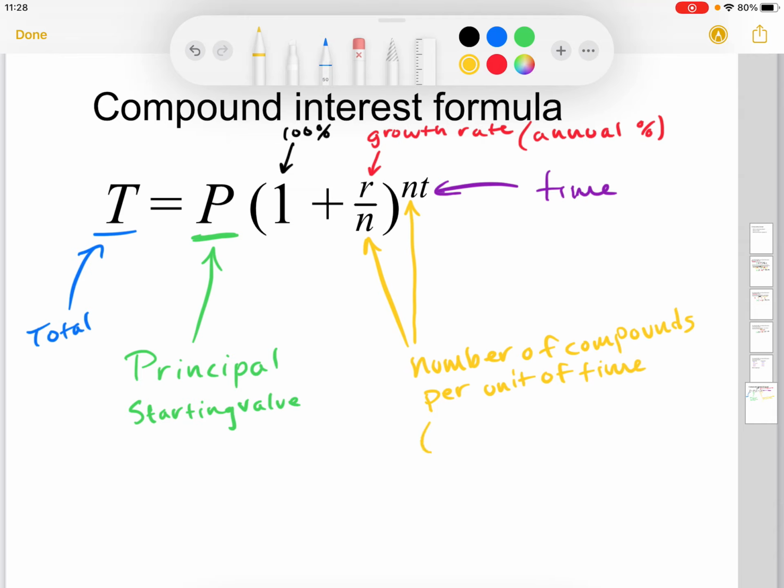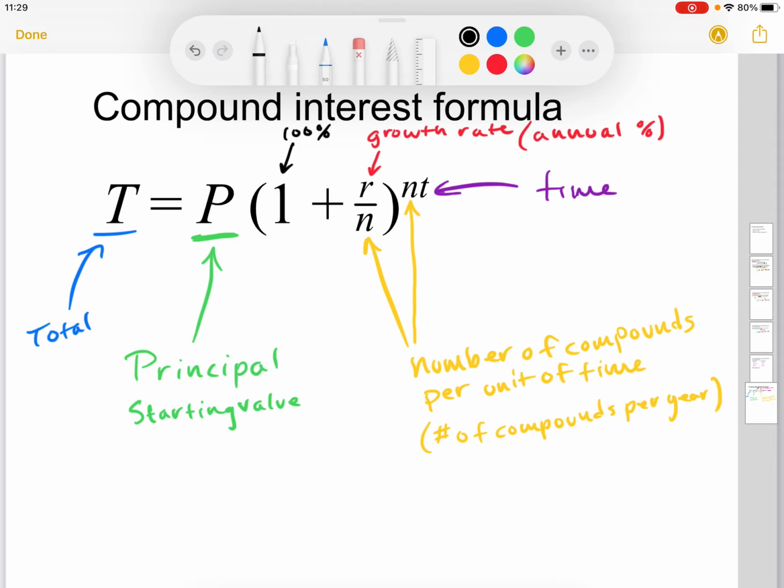Most often, this is going to be number of compounds per year. When we're talking about money, generally we're talking about that annual percentage rate, so we're talking about N being the number of compounds per year.